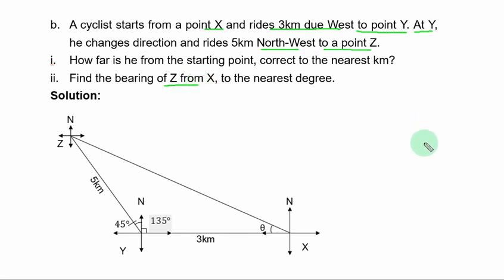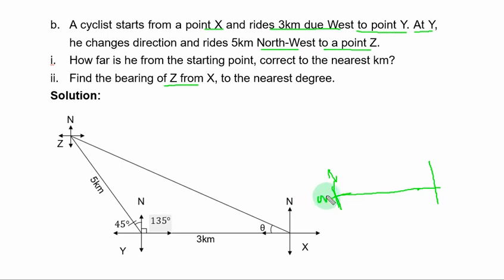That is very simple. The cyclist is somewhere here. This is the west direction. He faces this direction to point Y. Now, at this point, you have the north and you have the west.